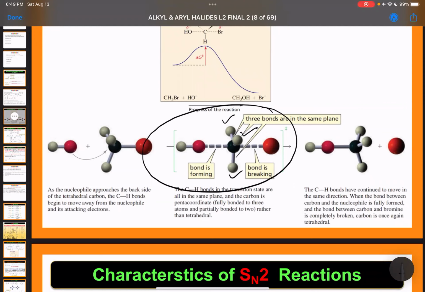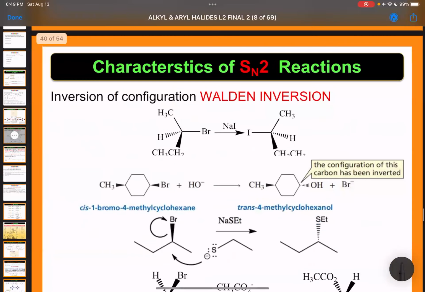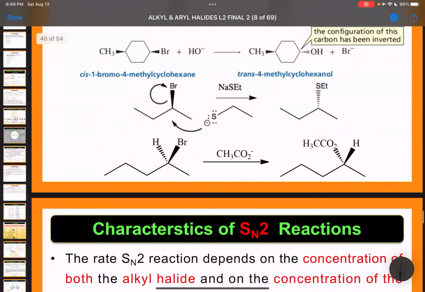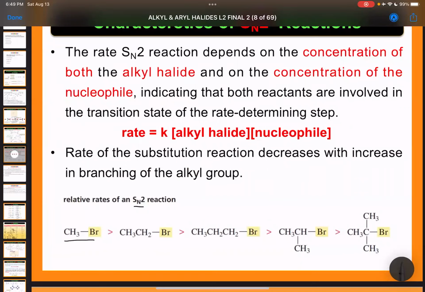So what we analyzed there is that as the branching increases, as the halide changes from methyl to ethyl to isopropyl to tertiary butyl, the carbon changes from primary to secondary to tertiary. There are more and more alkyl groups present on the carbon which is directly connected to the halide.